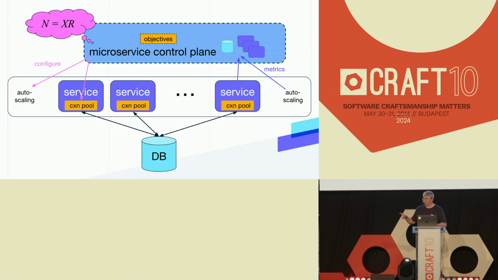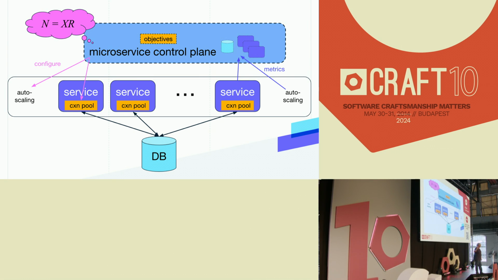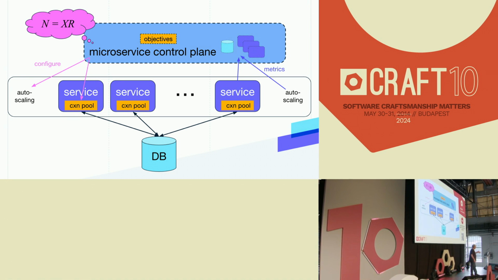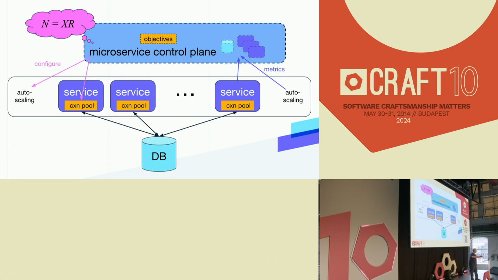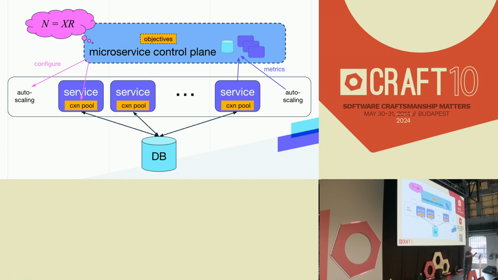What is really cool about this is if we've followed all these transparency principles, this can be a stateless service. The microservice control plane itself can be stateless, because it can just observe the state from the telemetry system, right? It's got its baked-in model, right? And so as soon as it's gathered enough information about what's going on, it can begin making control decisions and configuring things for us.